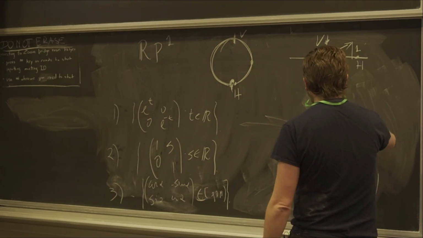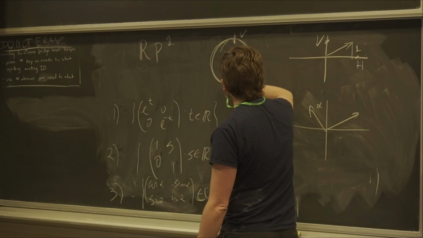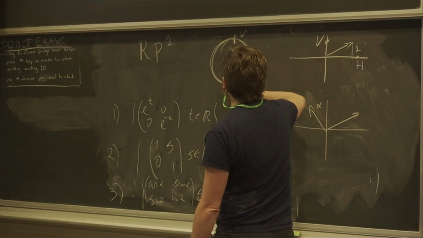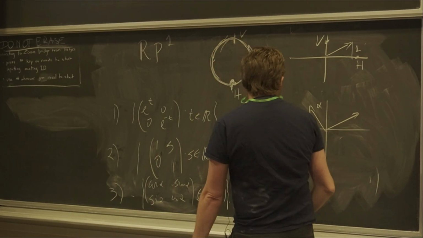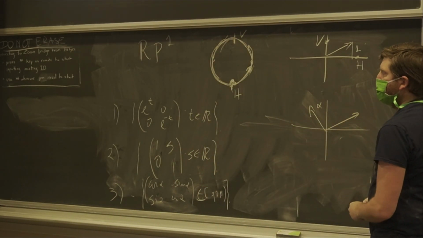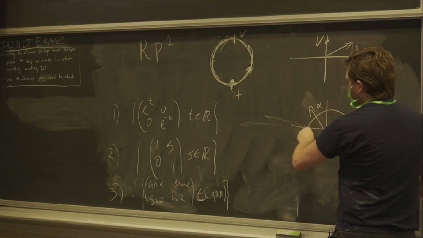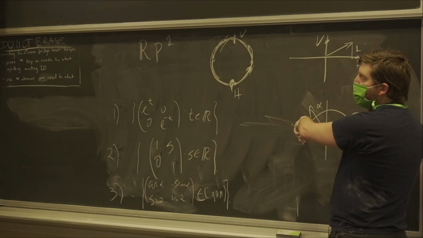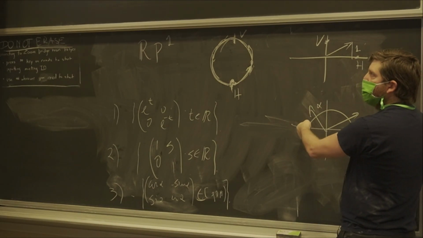You take any vector, it's rotated by angle alpha. So you take any guy and it moves some amount over there. And of course, there is an alpha over 2 and some pi over 2, because when I go all the way up to here, then I already have the RP1. So to parameterize RP1, I only need half of the circle, not the full circle.